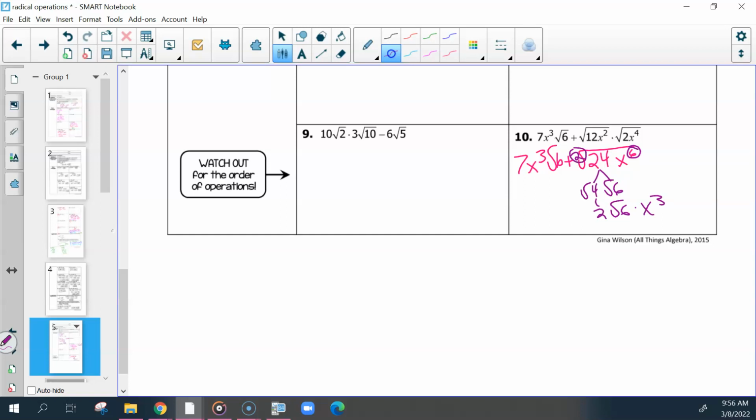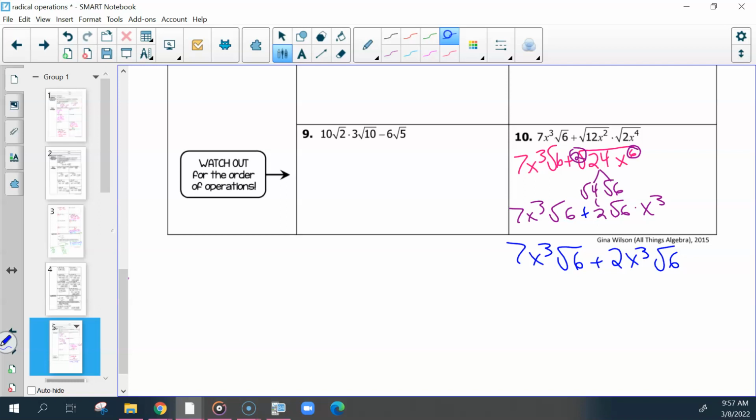And I'm going to bring this down and rearrange. So we have 7x to the 3rd times the square root of 6 plus 2x to the 3rd times the square root of 6.